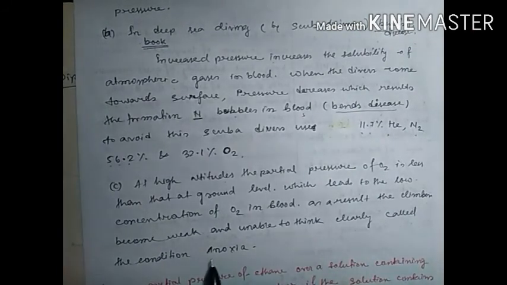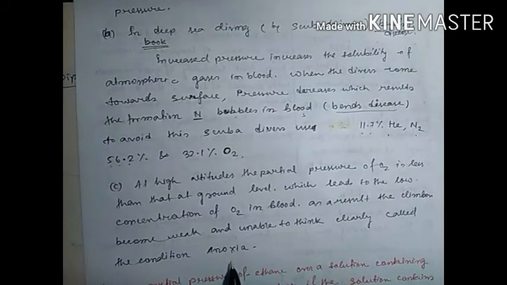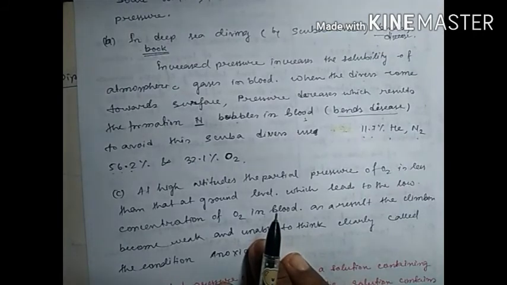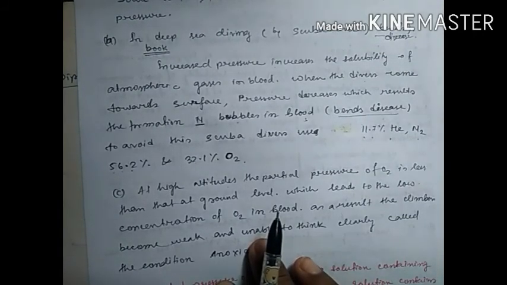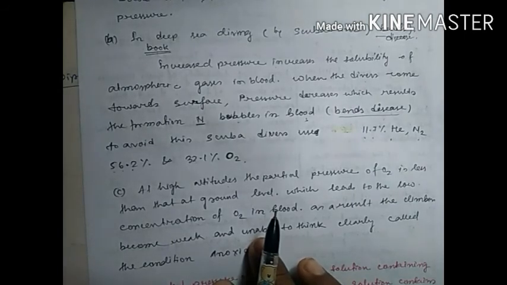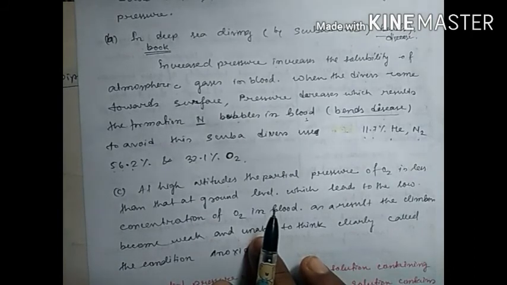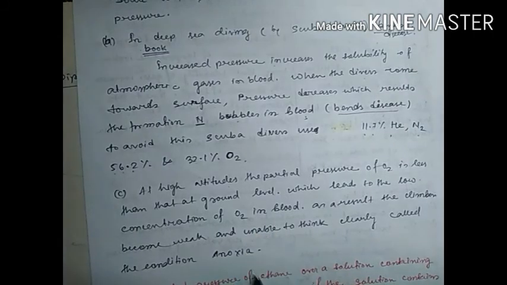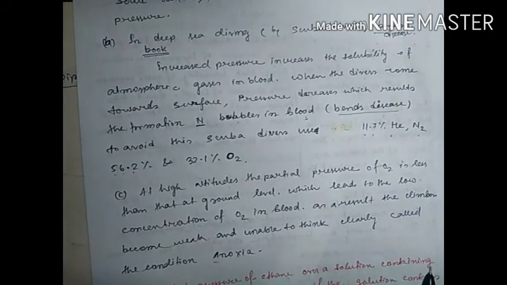This condition is called anoxia. That's why in hilly places we face difficulties taking in oxygen, because the concentration of oxygen in that area becomes low, as well as in our blood, and our brain and lungs are disturbed in working properly, and we may suffer a disease known as anoxia.